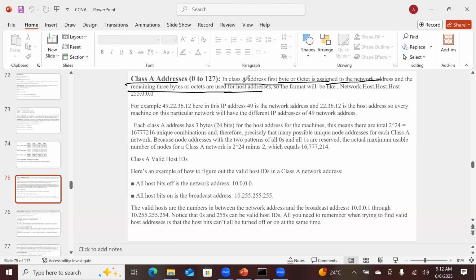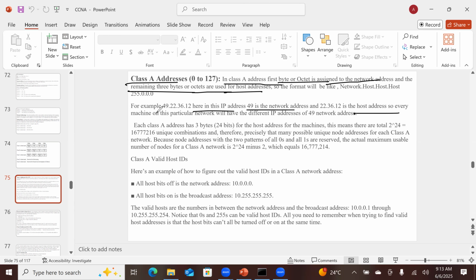The format will be network.host.host.host, and the default subnet mask is 255.0.0.0. For example, 49.22.36.12. Here in this IP address, 49 is the network address and 22.36.12 is the host address.